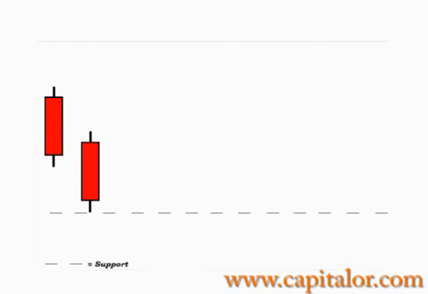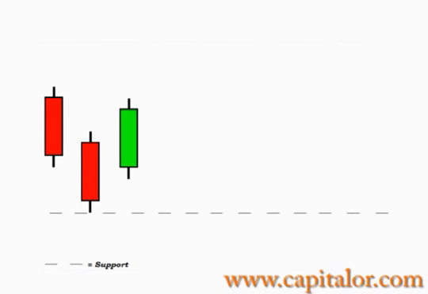This time the dotted line is support. The simulation begins with the candlesticks approaching the support line, but stopping right above the support line and going up a little.